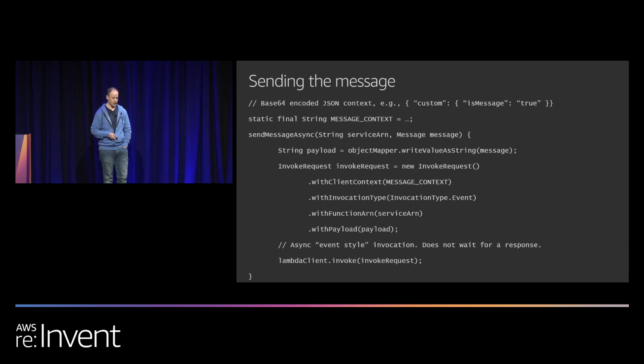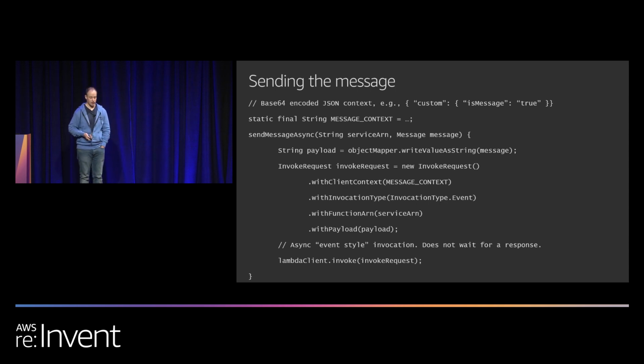The invoke request gets built with something called a client context here. That's a completely optional step, but I'll explain why we're using it. At the top of this code snippet, I have a little description of this static message context that we're attaching here. And all that is, is an opportunity for you to add some JSON formatted metadata into your message before you're sending it over to the recipient.